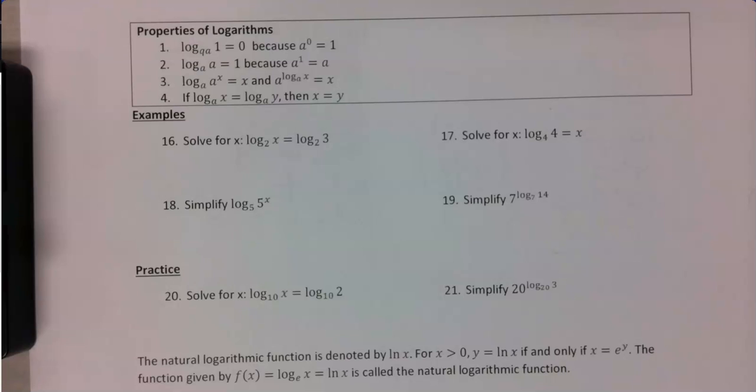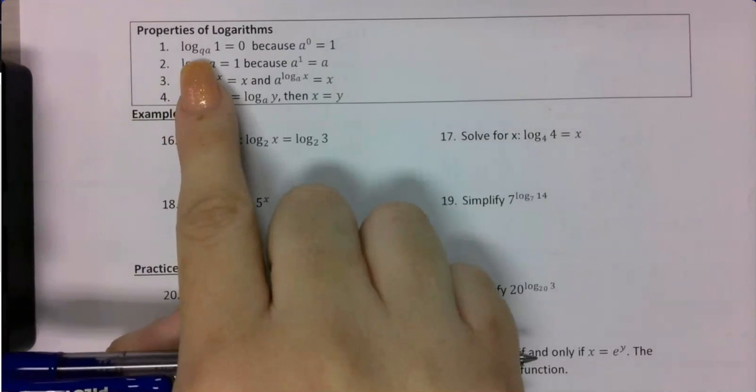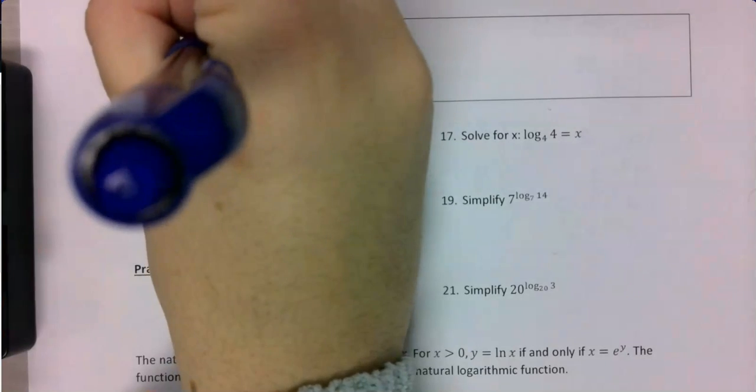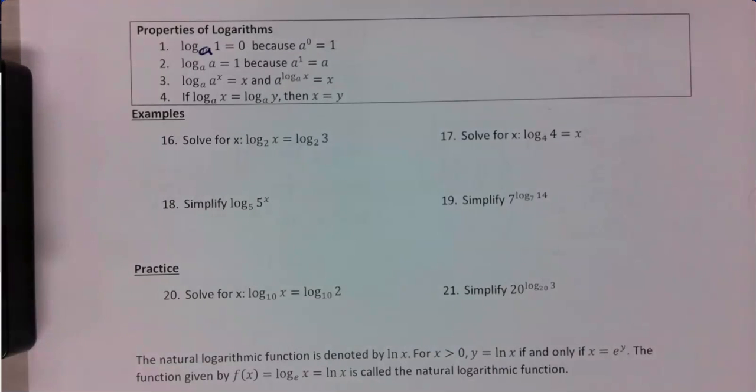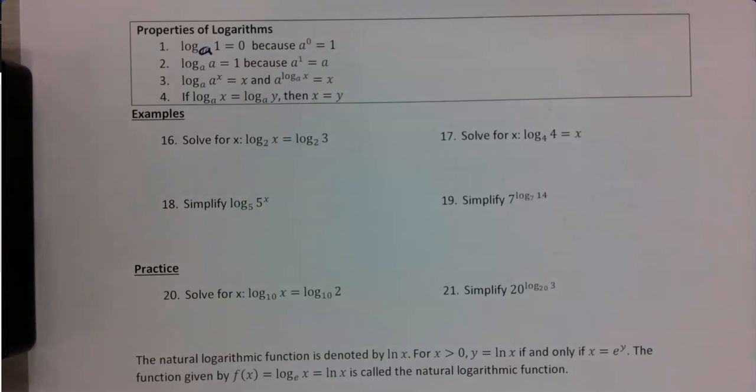Next thing we have are these properties of logarithms. So log, oh, that shouldn't have a Q at all. That should just be an A. It's like what we did for the first 4. So, log base A of 1, no matter what my base is, always equals 0, because anything to the 0 power is always 1.